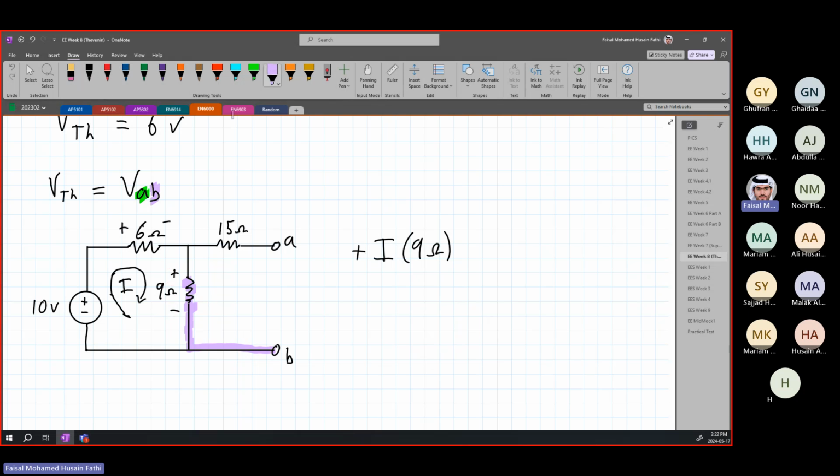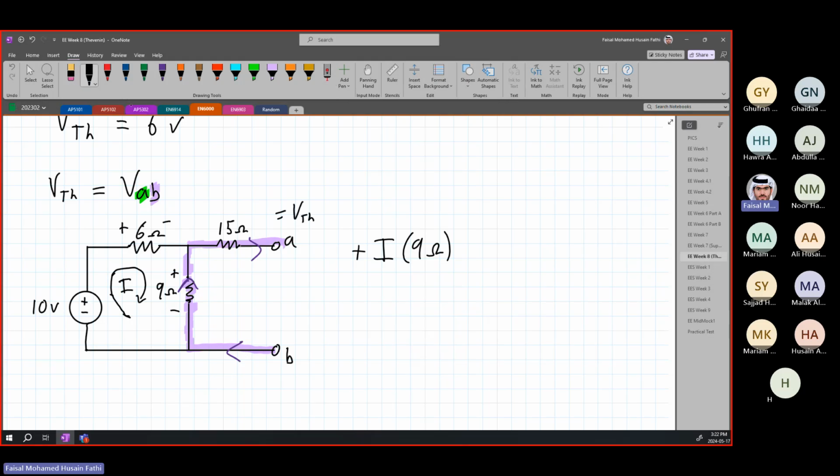And if we keep going up, we're going to A. This is the path we are taking, in this direction up to A. Remember that there is no current flowing through this resistor in this case. Therefore, there is no voltage drop due to this resistor. And this is VThevenin.